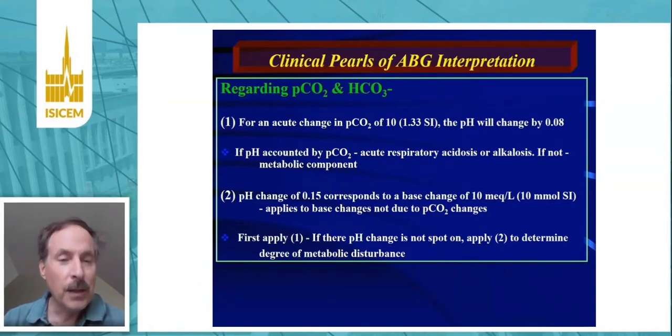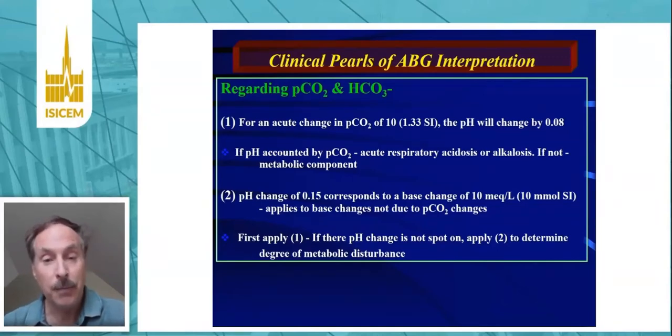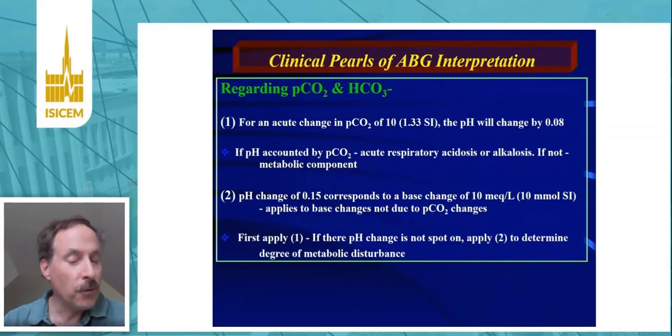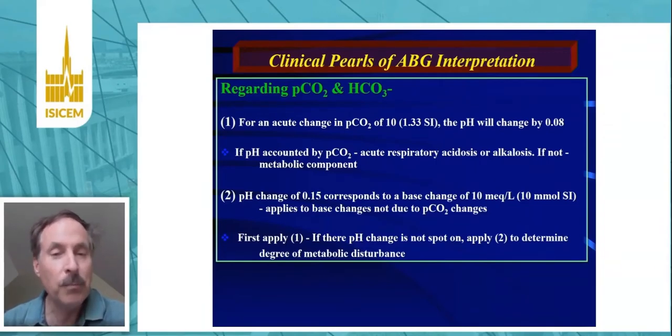And second of all, a pH change of 0.15 corresponds to a base change of 10 milliequivalents per liter, and that applies to base changes not due to PCO2. So when you're interpreting a blood gas, it's a good idea to first apply rule number 1: look at the pH, look at the PCO2, and see if those match up.